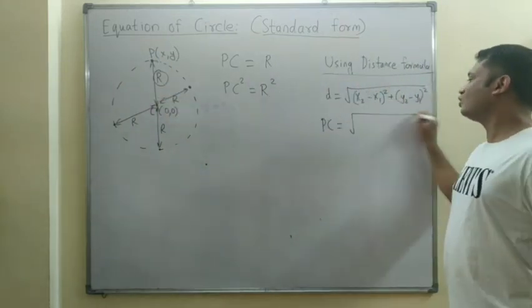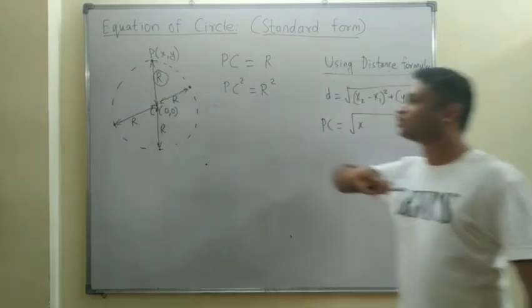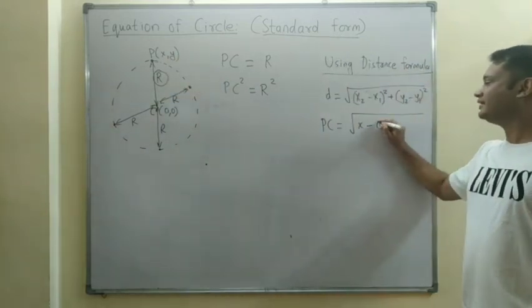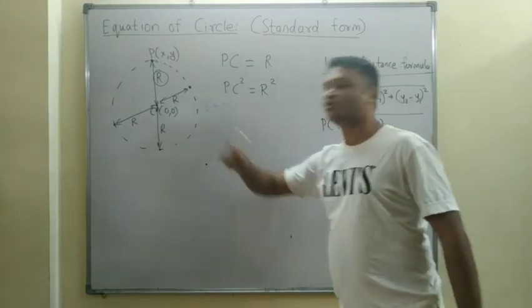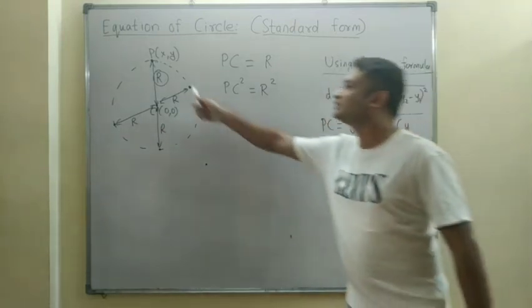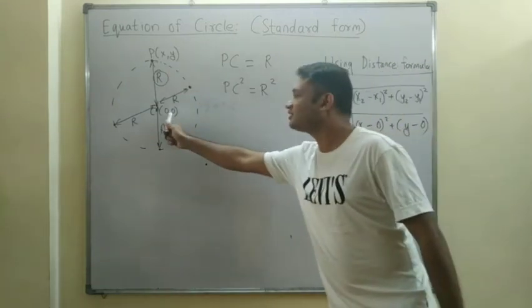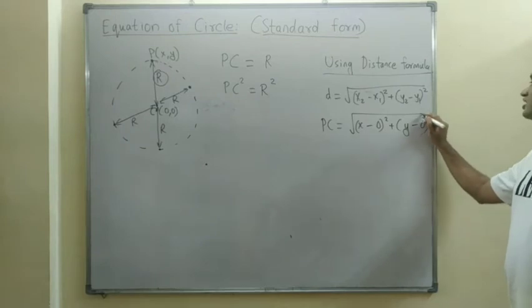But what is PC distance? PC distance is root of (x2, which is the x coordinate of this point P, minus x1, which is the x coordinate of the center O) the whole square, plus (y2, which is the y coordinate of point P, minus y1, which is the y coordinate of the center, which is 0) the whole square.